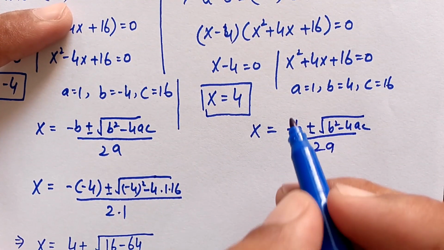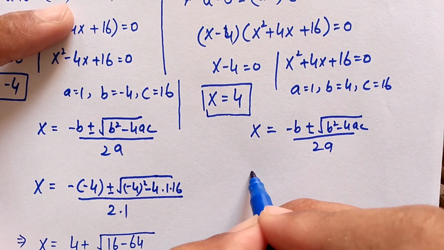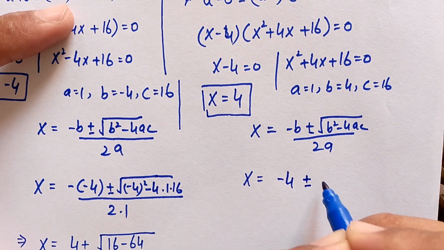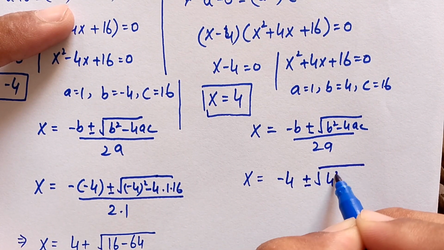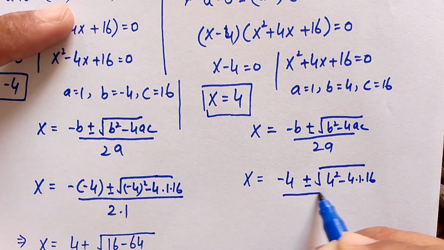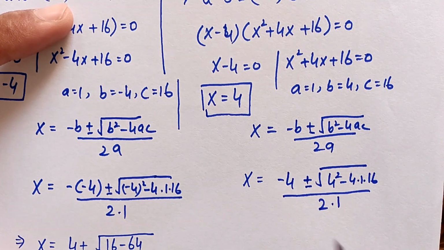Now we have to put the values here, so this will become x is equal to minus 4 plus minus square root of 4 square minus 4 times 1 times 16 divided by 2 times 1.